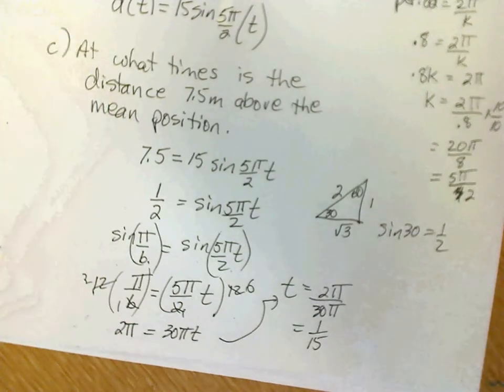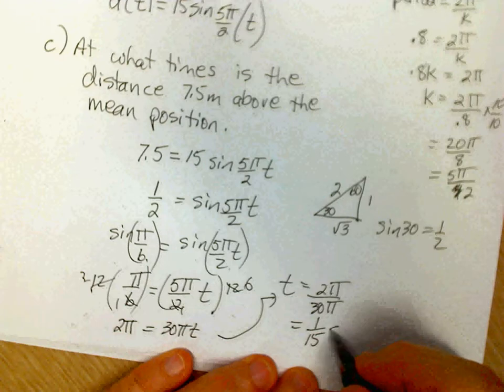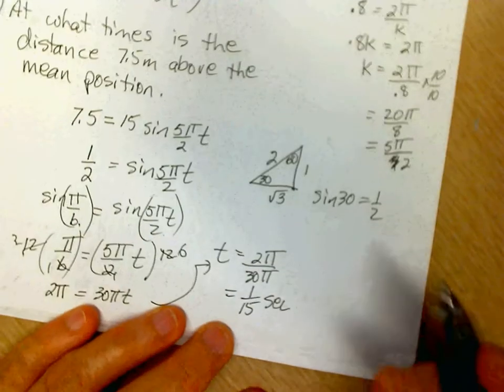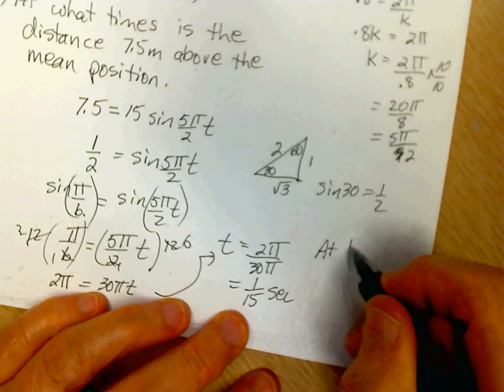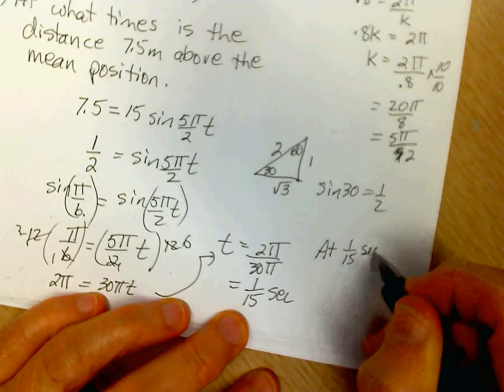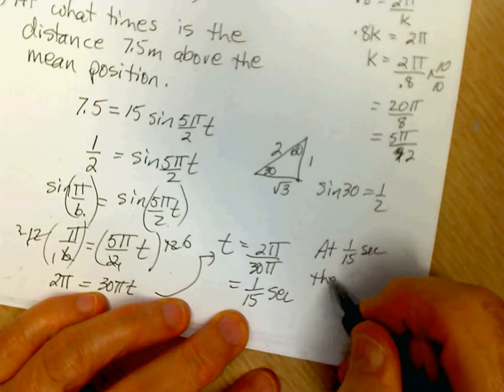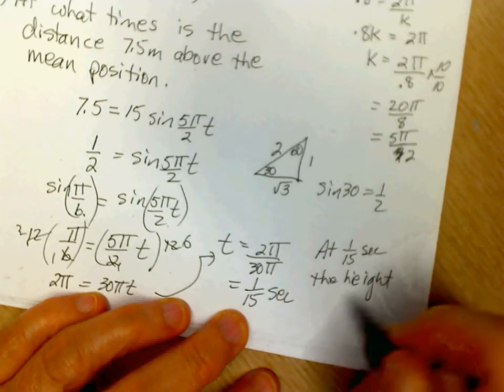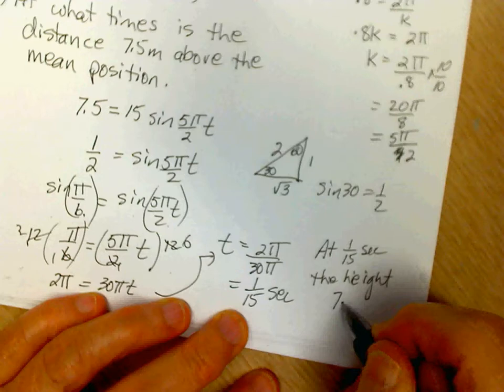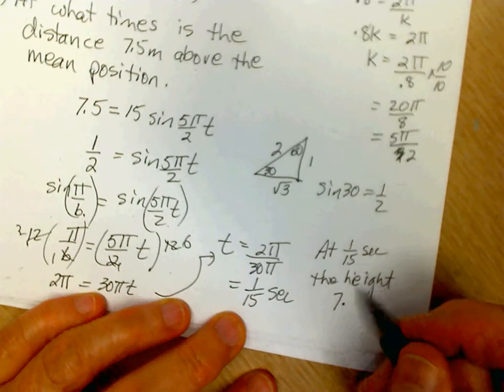So at 1/15 of a second, the height is 7.5. Should we calculate more? Okay.